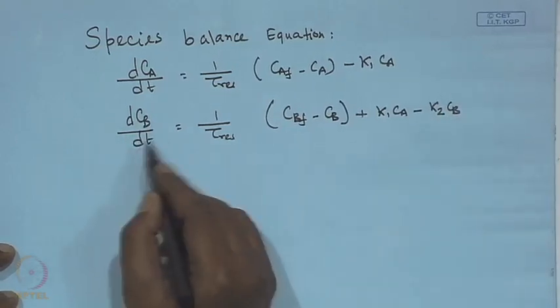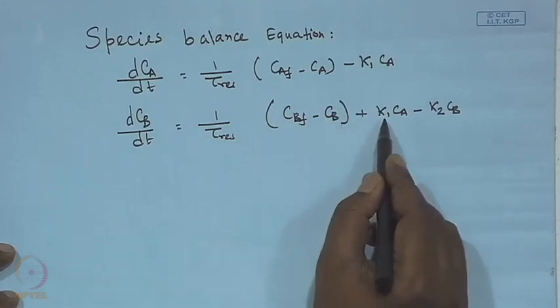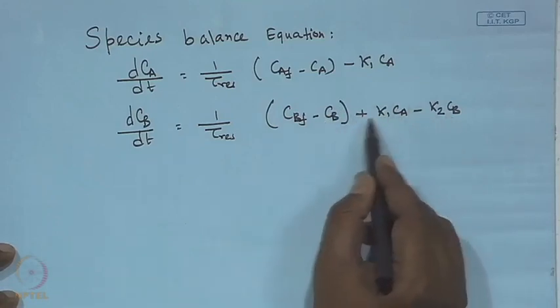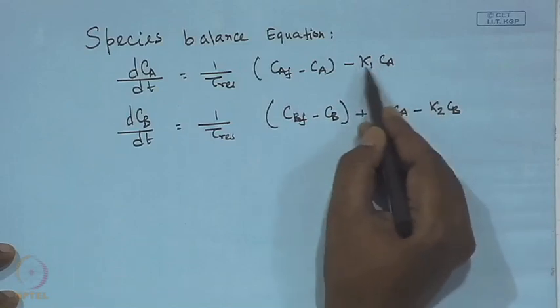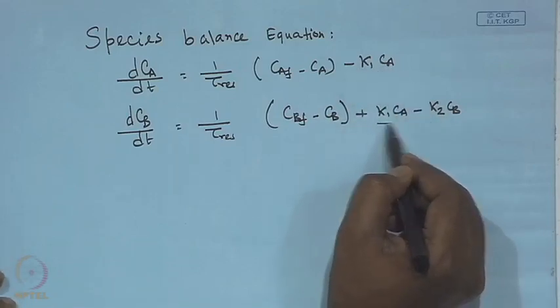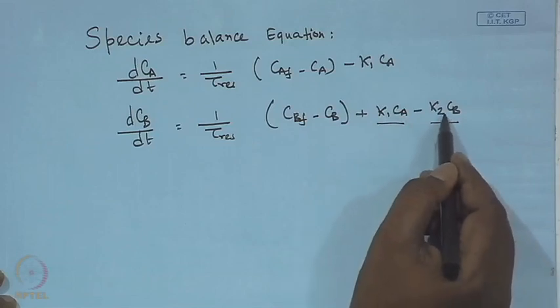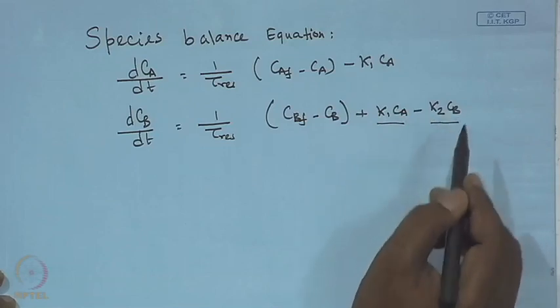So, this is the accumulation term, this is net material in minus net material out, plus rate of generation here, and in the case of A it will be consumption. In fact, this is a combination of rate of generation and rate of consumption, because B is produced at the rate K1 CA and it will be consumed at the rate K2 times CB.